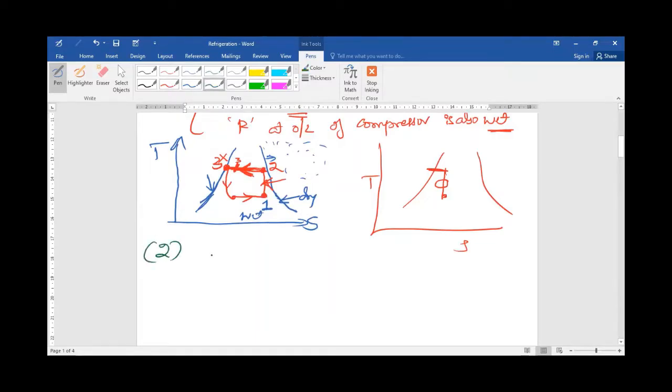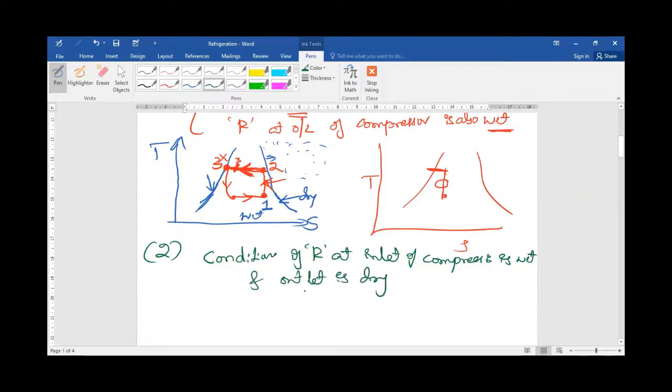Second case. What is the condition? Condition of refrigerant at inlet of compressor is wet and outlet is dry.